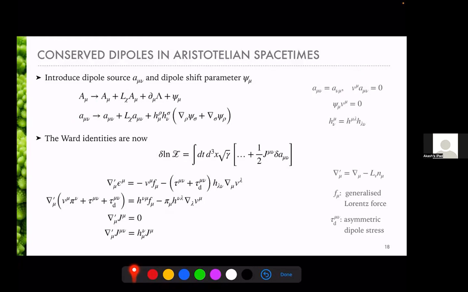And I introduce this new gauge field, and I also introduce this new symmetry parameter psi mu. This is essentially the curved space generalization of the symmetry transformations that I did before. And once you do that, you can check that if you define a G mu nu coupled to this new gauge field A mu nu, you will give rise to this identity here, which is essentially the curved space generalization of a dipole Ward identity.